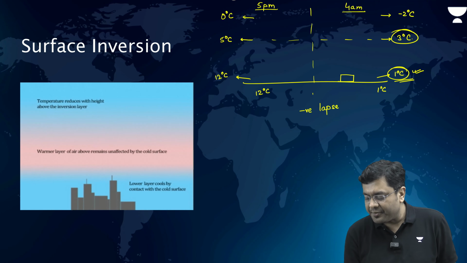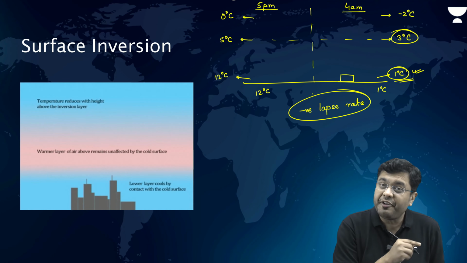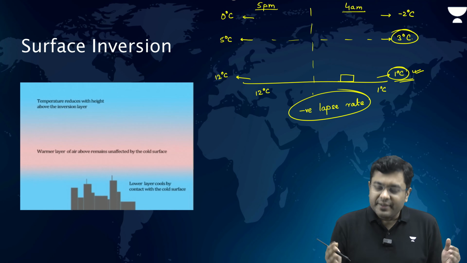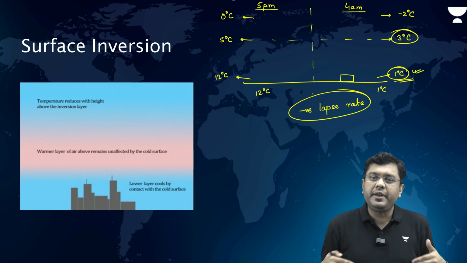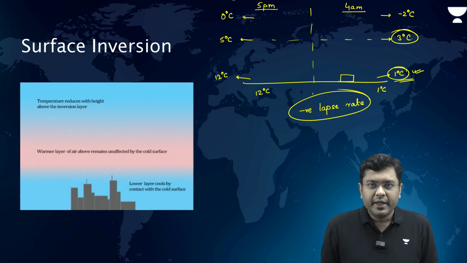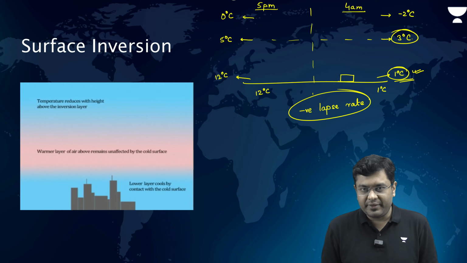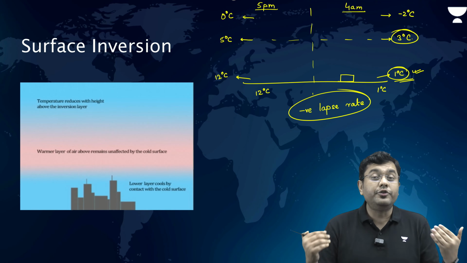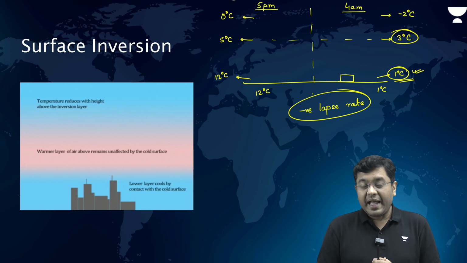But this negative lapse rate is created why? Because the surface has lost heat, purely a surface phenomenon. This is a kind of inversion that we experience in the northern parts of the country, especially during the winter months. In these conditions, the air does not mix at all and stays in the region where it is.